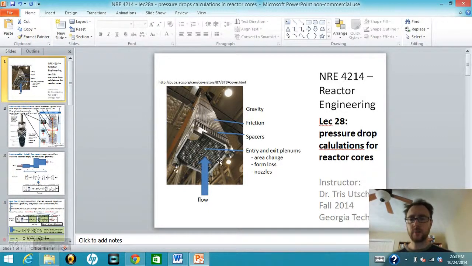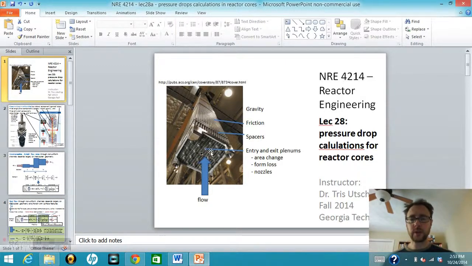This is a fuel rod assembly which would be placed in a reactor core. The fluid is going to flow up through this assembly. As it flows up through the assembly, it will encounter friction between the tubes, but it will also encounter friction at the spacers, which hold the assembly into its fixed geometry.